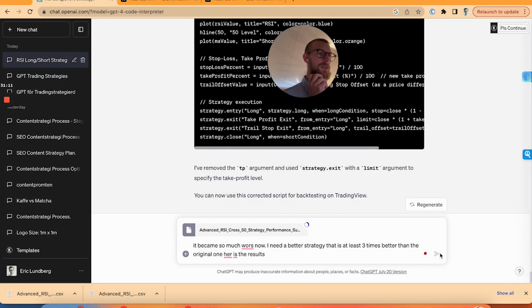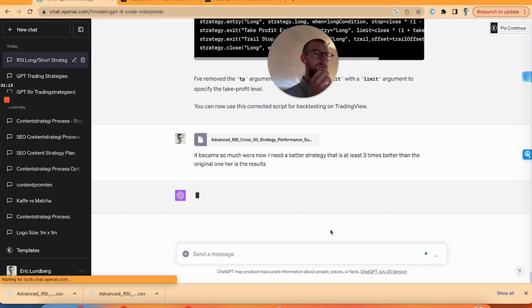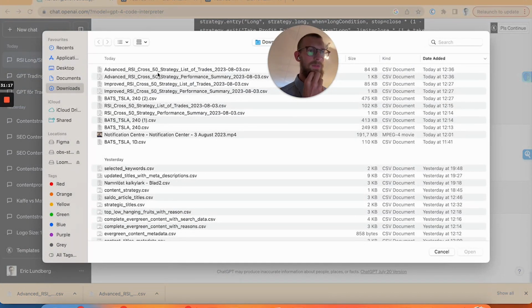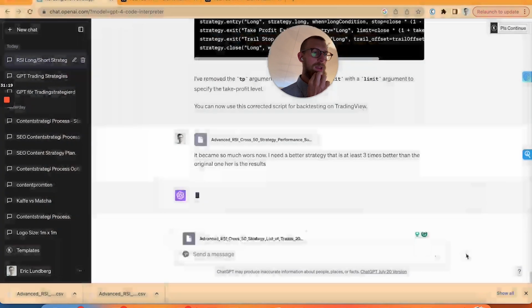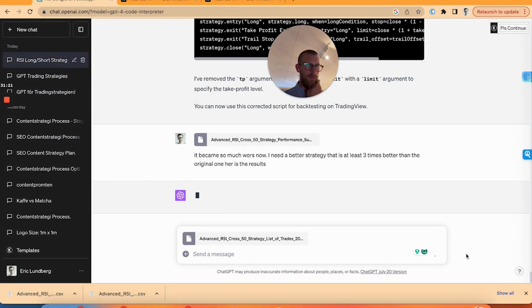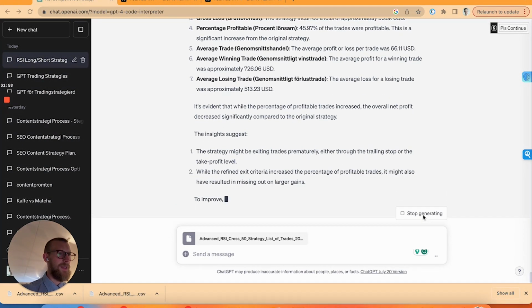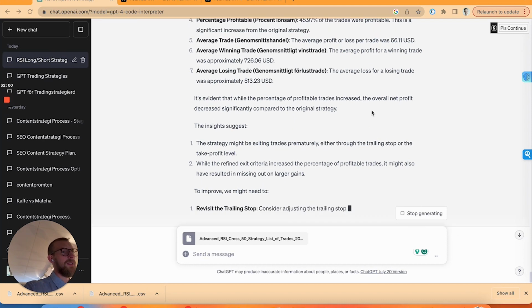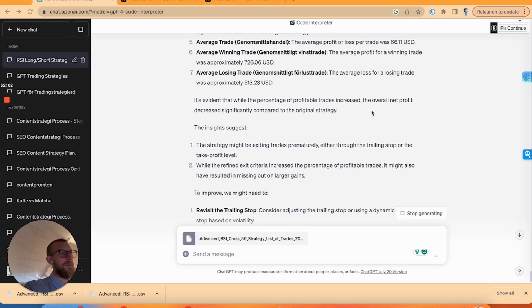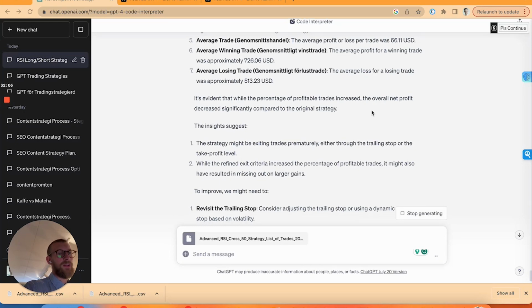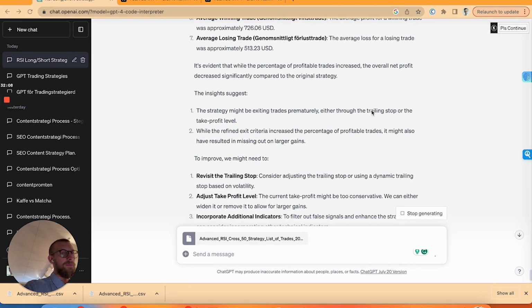Summary, kaboom, and we'll give it a list of trades. Yeah, so the percentage of profitable trades increased, but the overall net profit decreased significantly compared to the original strategy.